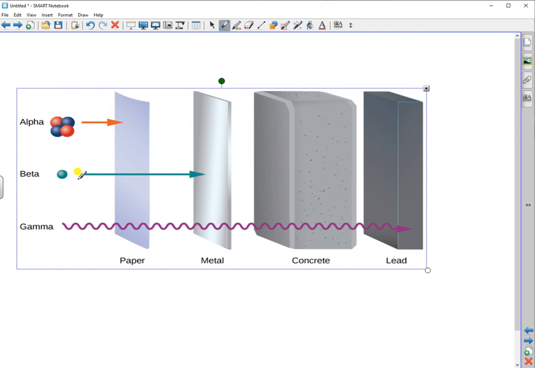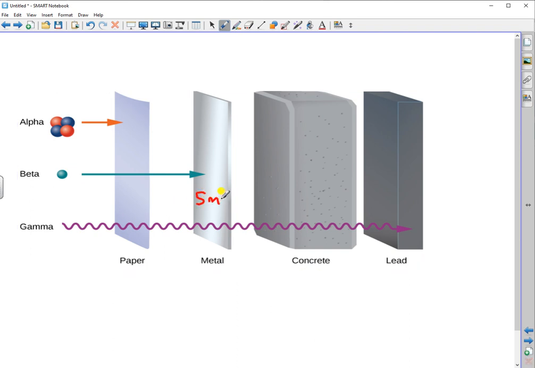It can also go through a lot more air, okay? So it can go in air up to a few meters because obviously it's going to be colliding with the air and ionizing the air. But normally we say it's absorbed by a sheet of aluminium about 5 millimeters thick.